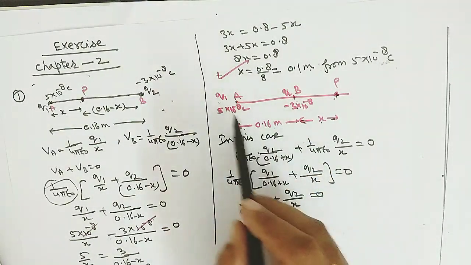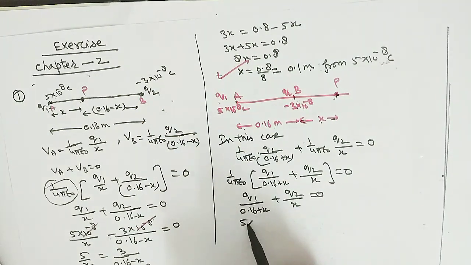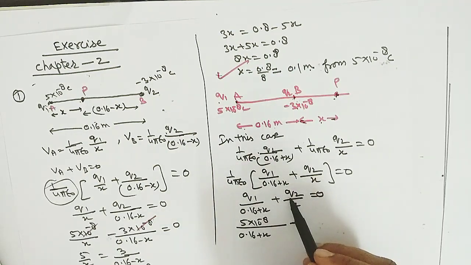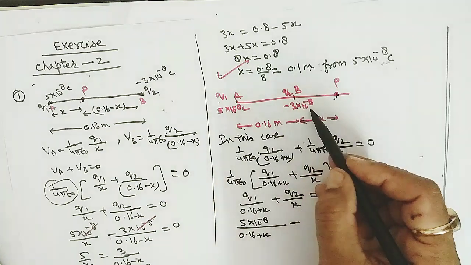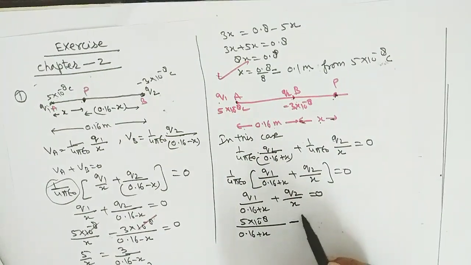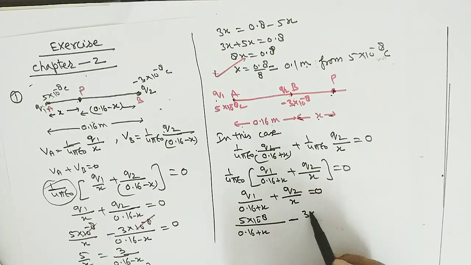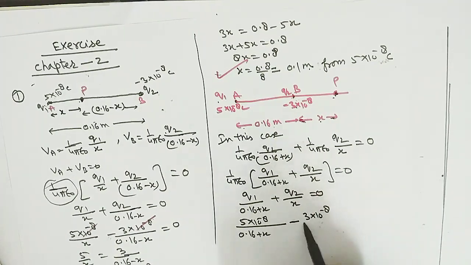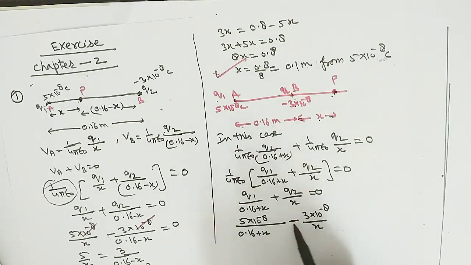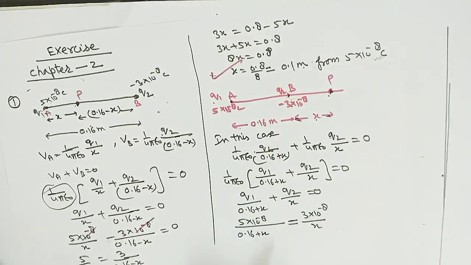Q1 is 5 into 10 to power minus 8 coulomb over 0.16 plus x, and the value of Q2 is negative, minus 3 into 10 to power minus 8. So put here 3 into 10 to power minus 8 divided by x. Because it is equal to 0, you can write it equal to this value.